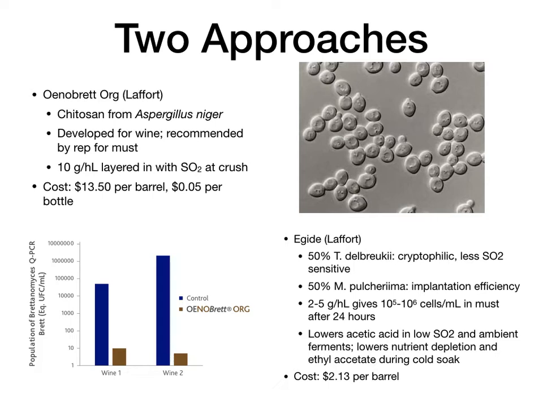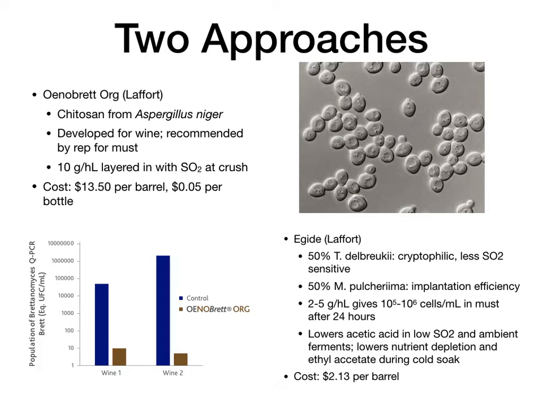The Torulaspora is less sensitive to SO2 than the Metschnikowia, and so it's going to be able to overcome that SO2 at crush a little bit better, whereas the Metschnikowia has slightly better implantation efficiency, and so if it's not hit by SO2, it's going to do a better job of holding space, although both of them basically meet all the criteria that we talked about before.